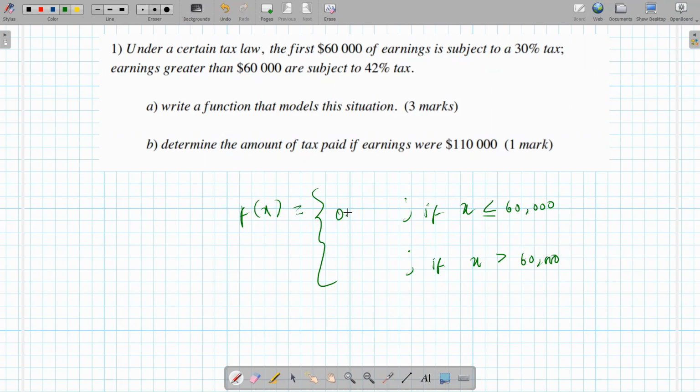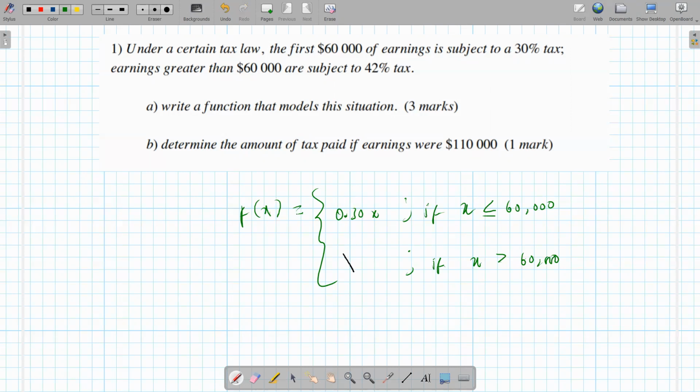So it's going to be 0.30x, like that. Are you allowed decimals in this area? Yes, we are. So then the next one would be 0.42x.